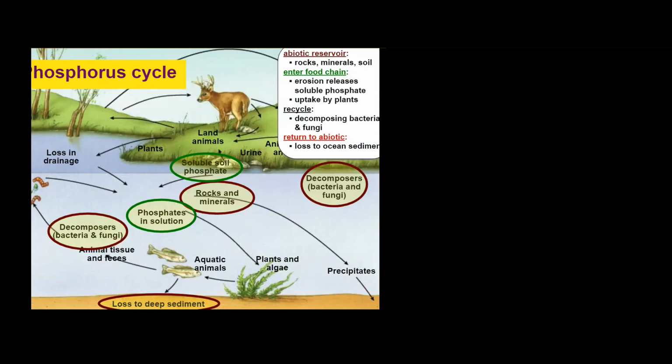The phosphorus cycle is an example of one of those slow cycles. So the abiotic reservoir for phosphorus is rocks, minerals, and soil. And it enters the food chain through erosion. So that's what makes it so slow. Erosion is the wearing down of these rocks and minerals or soil through natural things like water or wind.